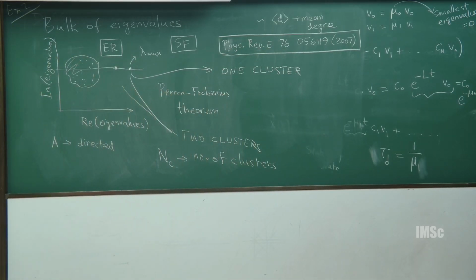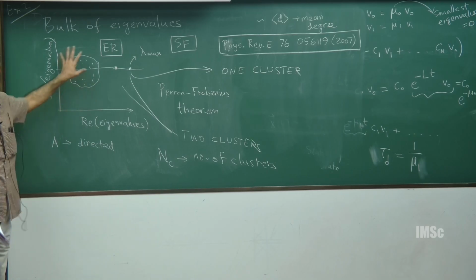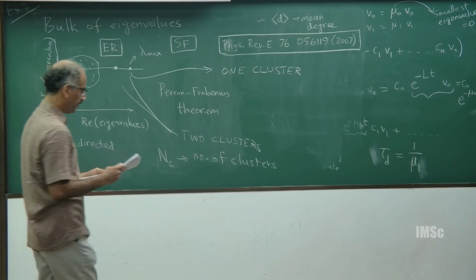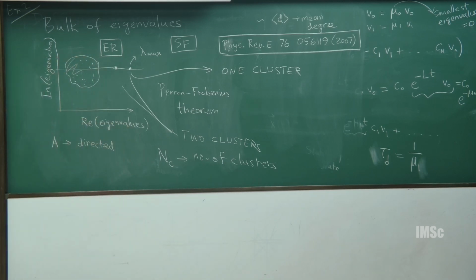So, now we can ask how do we describe the bulk of these eigenvalues. Okay. One way to describe them is, it is like you have been given n eigenvalues, n numbers basically.